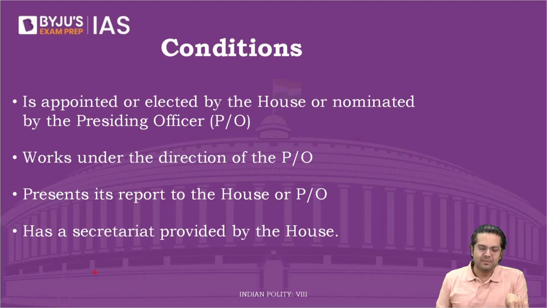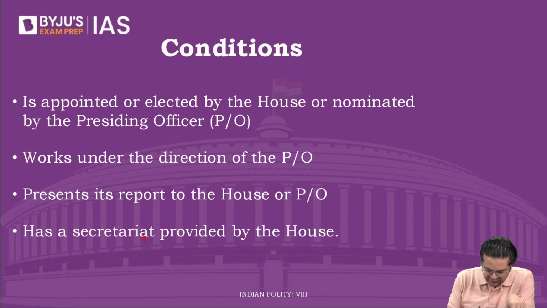The parliamentary committees are appointed or elected by the members or are also nominated. The members are nominated by the presiding officer. Number 2, these parliamentary committees function under the control of the presiding officer, PO. And once the committee performs its task of evaluation, etc., it will submit its report to the presiding officer and also has a secretariat, an administrative office.